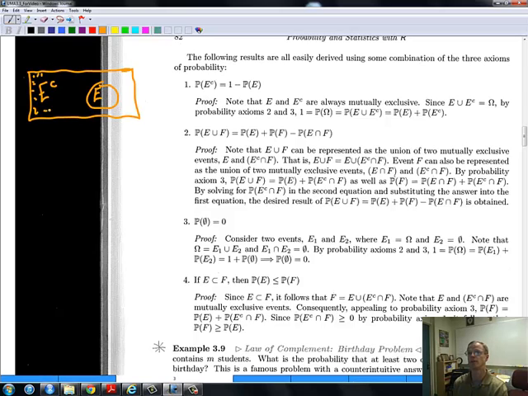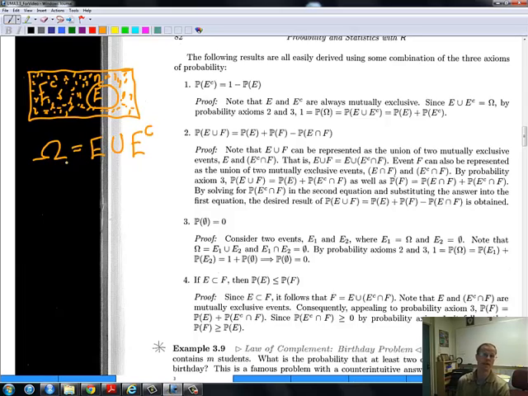So it's all this space out here. Okay, and the sum of those two naturally must be 100% because that exhausts the whole thing. In other words, you could define big omega as E union E complement. That's it. And there's no overlapping elements either.